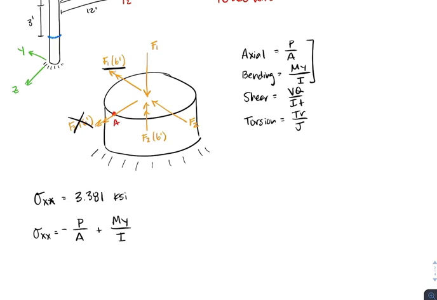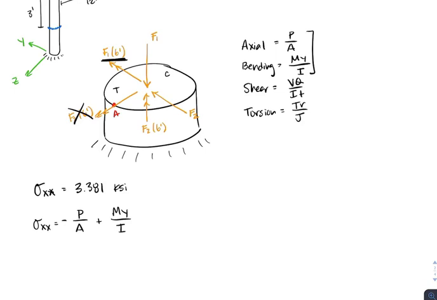So when we're looking at the bending of F1 times 6, if we use the right-hand rule to figure out which side is in tension and which is in compression, we can see that when it bends, it pushes this side into compression and the opposite side into tension. So that means it's going to be a positive bending stress at point A due to that moment.